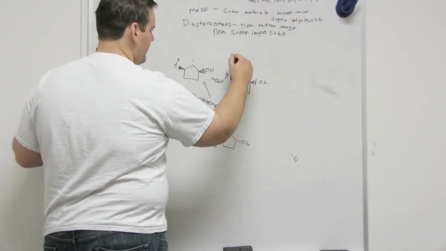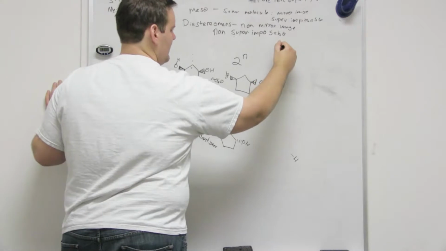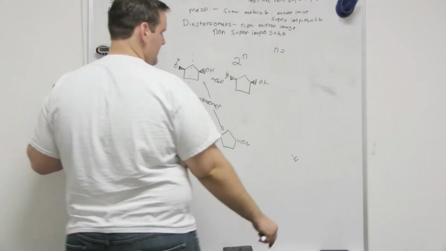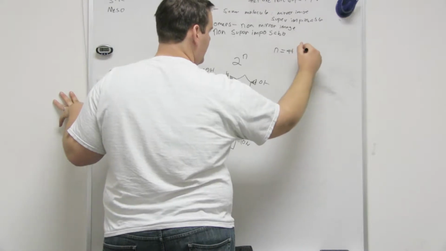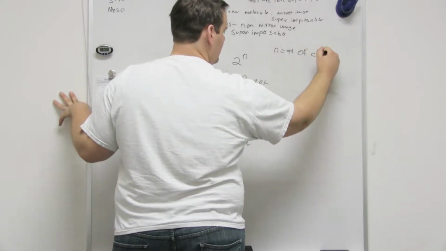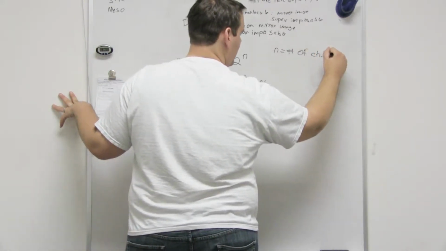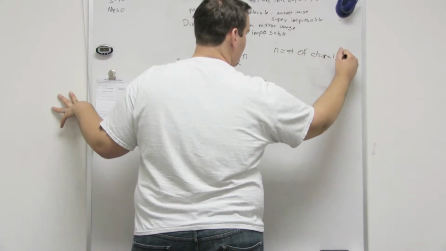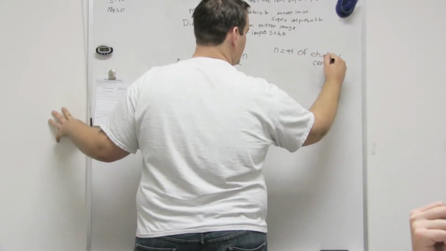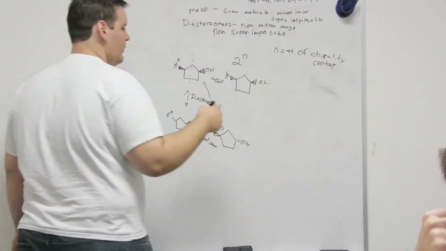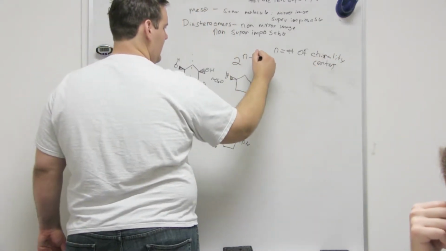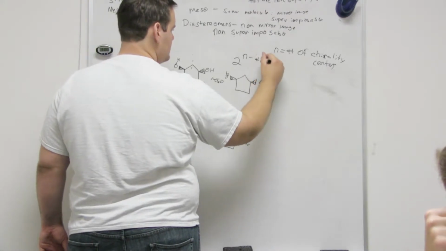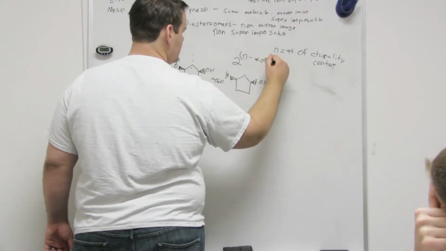And when we use that formula, what does n equal? The number of chirality centers, or anything that creates stereochemistry. But what happens if we have a plane of symmetry? Then it's n minus the number of planes of symmetry.